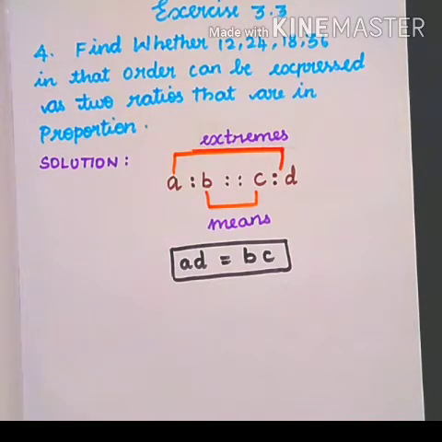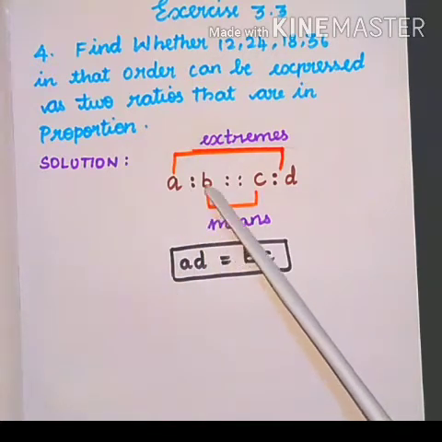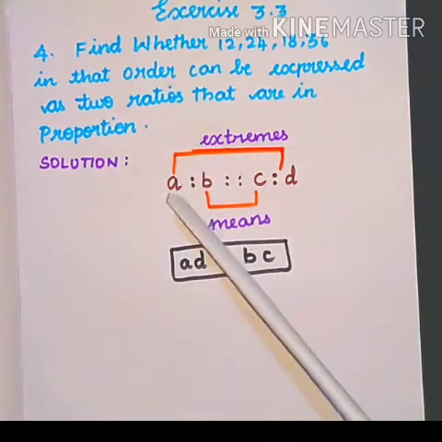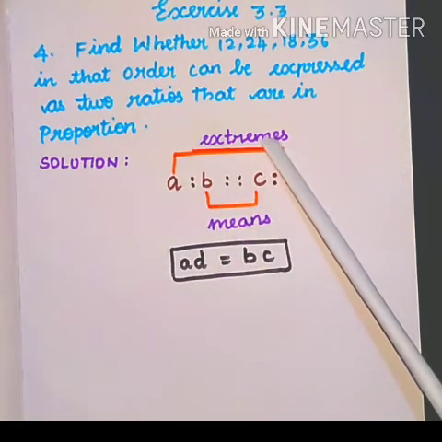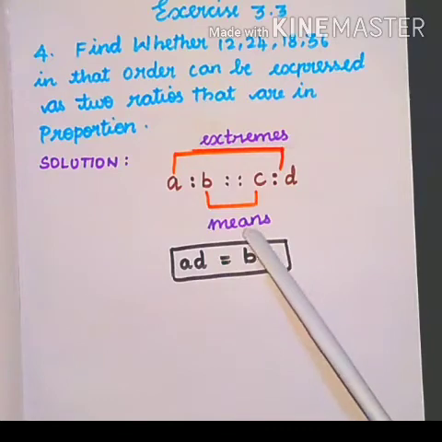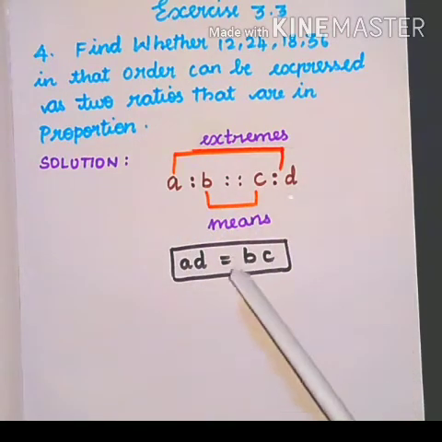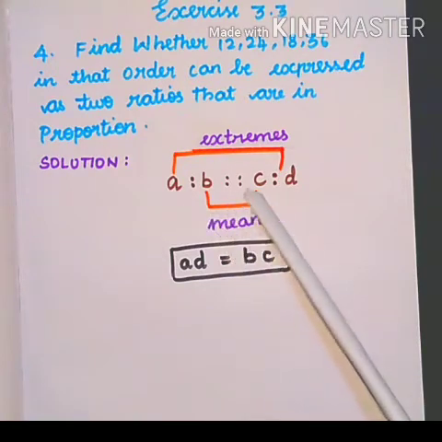Students, as you already know how to find the proportion. That is A is to B :: C is to D. A and D are extremes. B and C are means. If the product of A and D and the product of B and C are equal, the given ratios are in proportion.